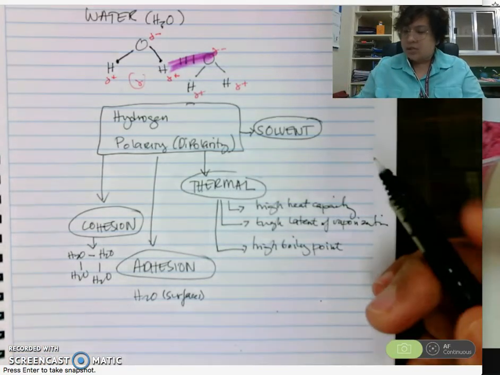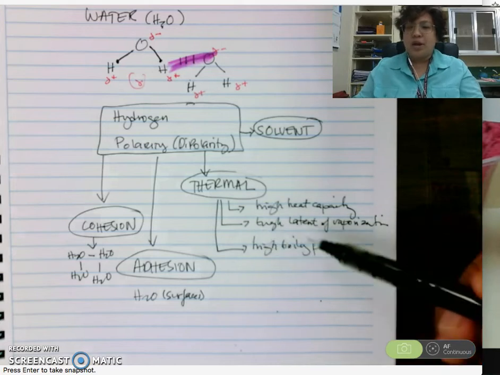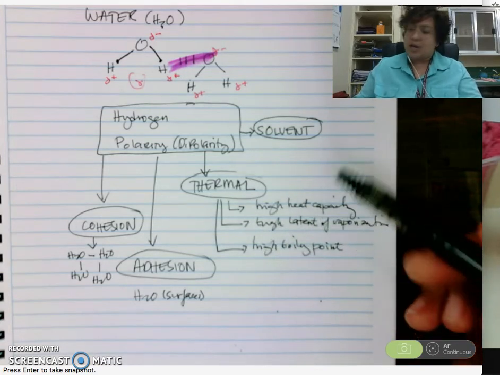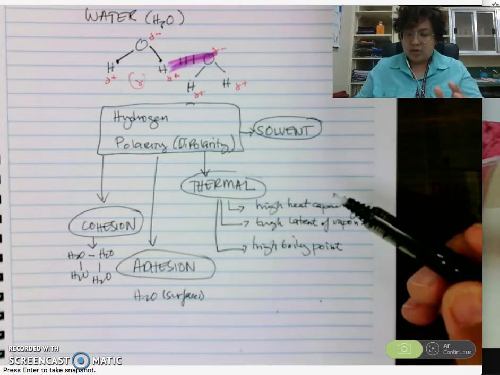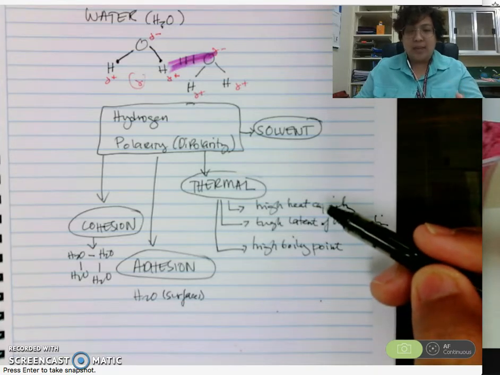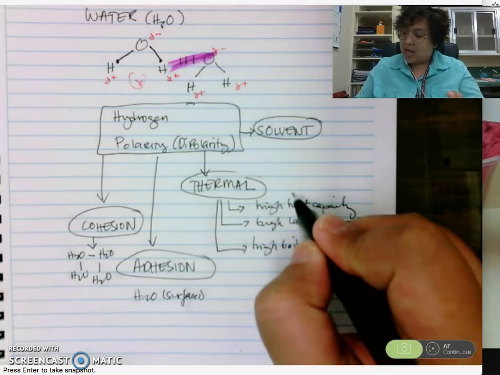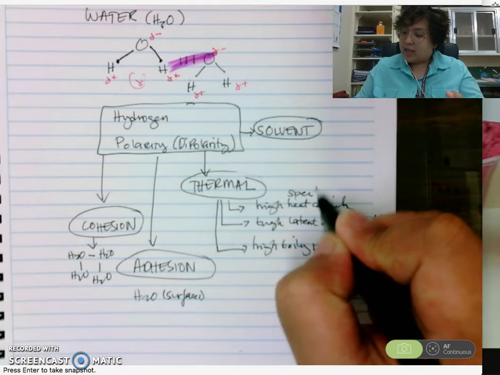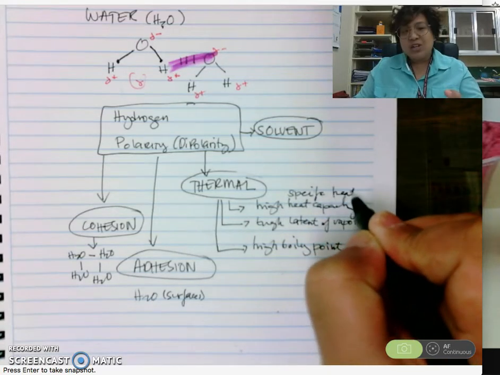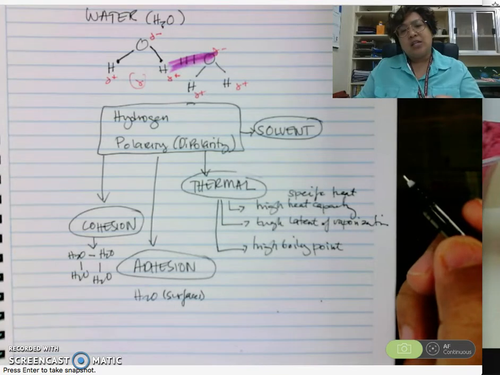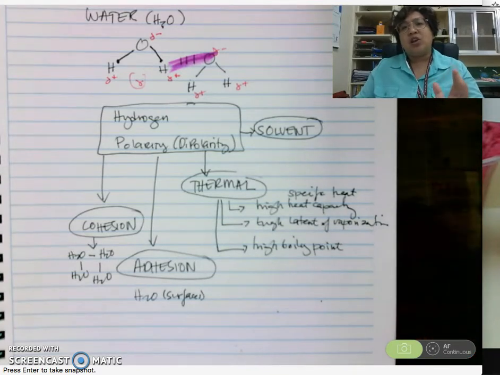Alright, so the next property is thermal property. I wrote this down already, and there are three things we need to know. First, water has a high heat capacity, or high specific heat. That's a measurement in chemistry that tells us that it takes large amounts of heat.